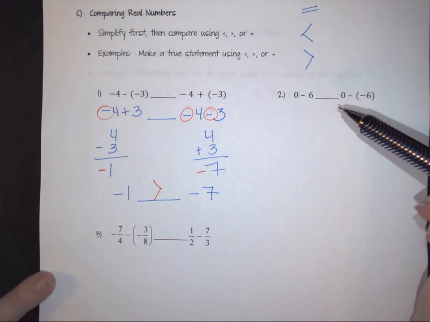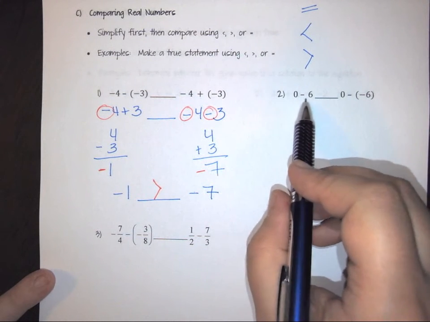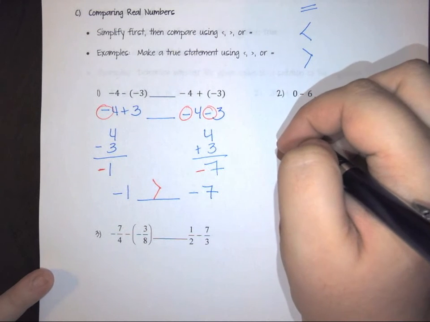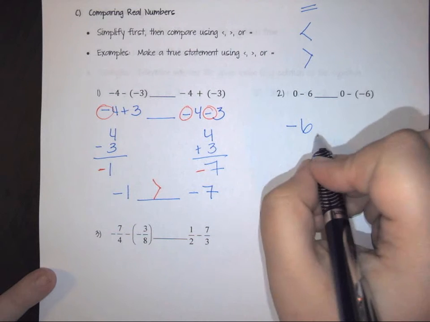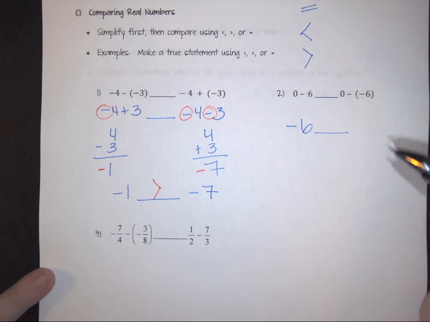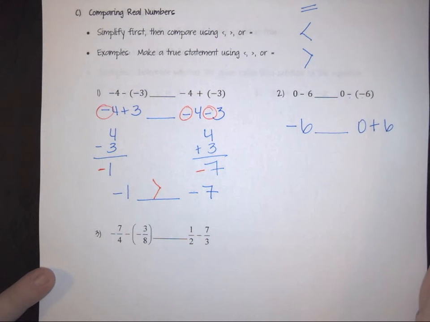Our second example is a little bit easier. On the left hand side I have 0 minus 6, so you can't take or change anything there, so this is just still going to be negative 6. But on the other side, notice I have minus a negative, so this actually becomes 0 plus 6.